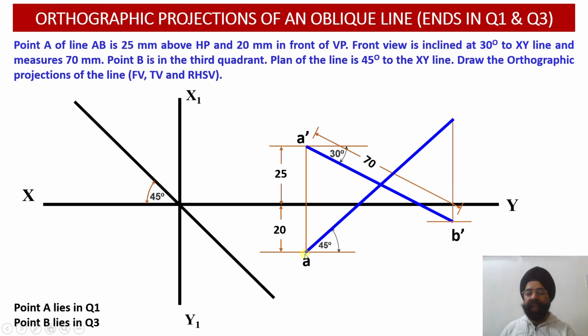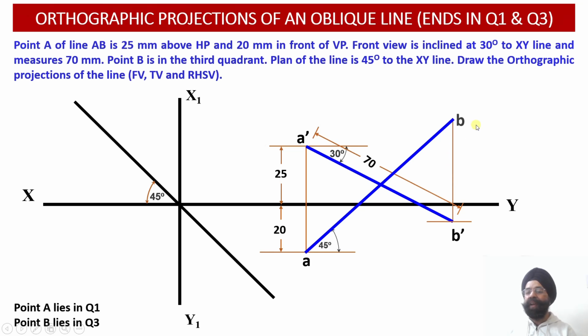So from point A, we have marked an angle of 45 degrees to define the orientation of the plan projection line, and we extend this plan projection line till it intersects with the vertical projector emerging from the point B dash.